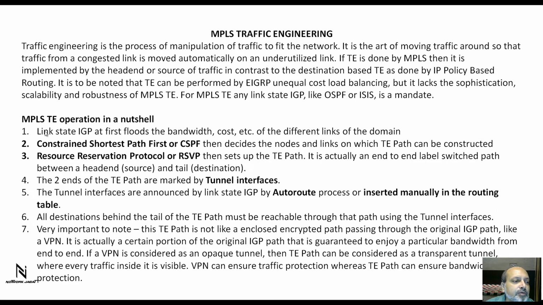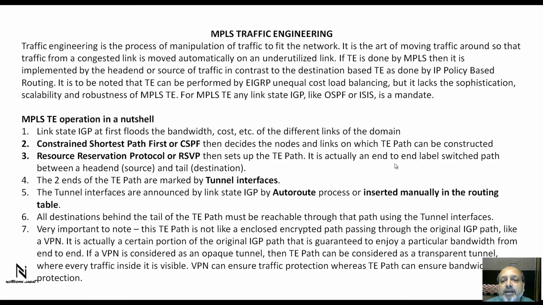So you see, number 1 point, link state IGP at first floods the bandwidth, cost, etc. of the different links of the domain. Then CSPF, constrained shortest path first, then decides the nodes and links on which the TE path can be constructed. Then resource reservation protocol or RSVP sets up the TE path.